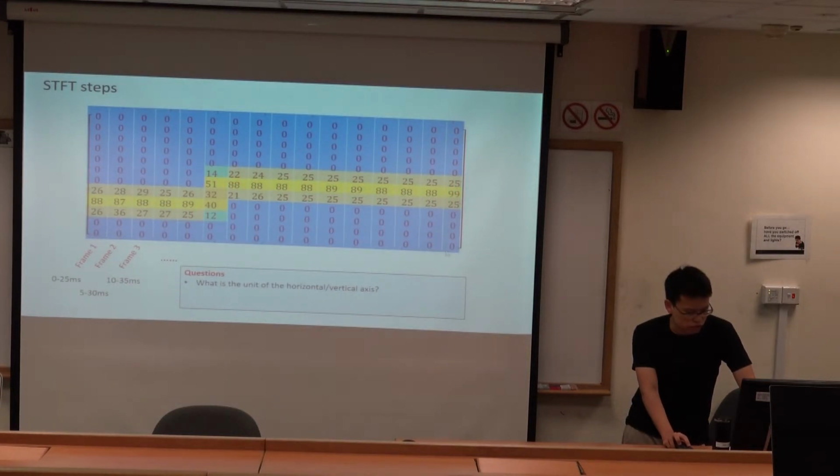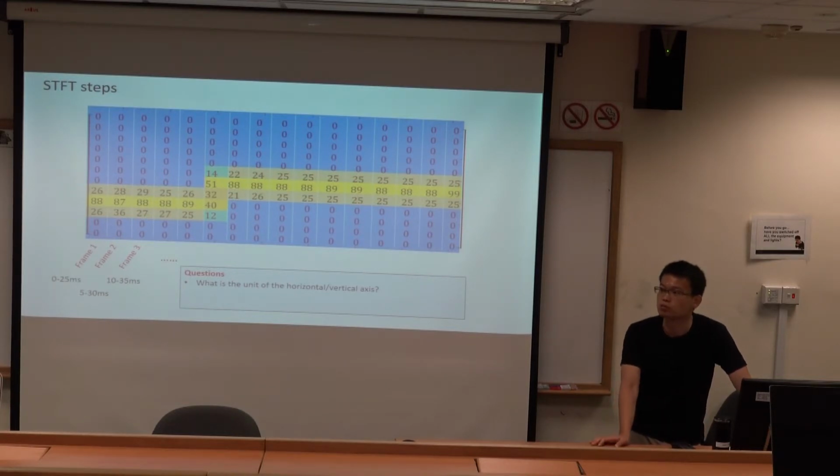But for the horizontal axis, you might think it's time, but it's not. It's frames. This frame stands for 0 to 25 milliseconds. So if you tell me you want to know the exact frequency at 20 milliseconds, I'll tell you it's impossible.